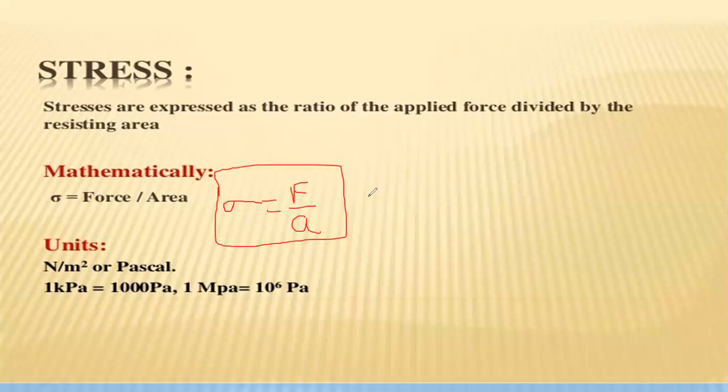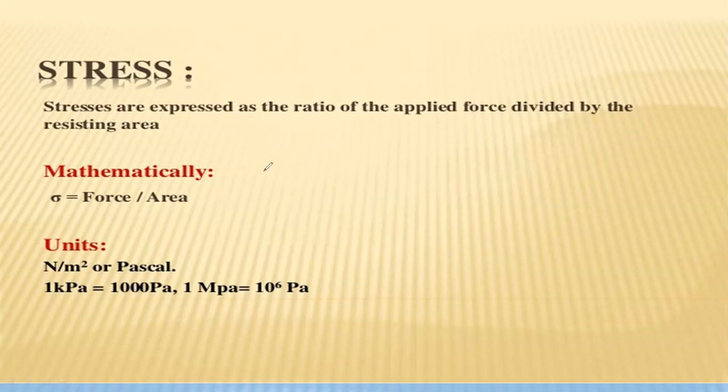It is calculated in terms of newtons per meter square, or pascals. 1 Newton per meter square is equal to 1 Pascal.